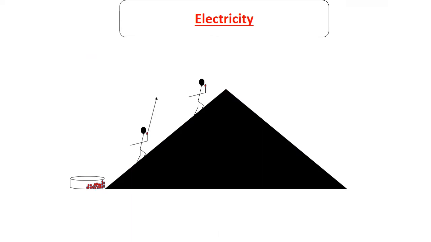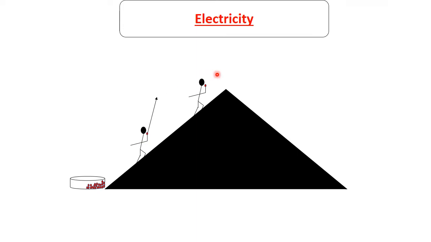There is this picture I drew just to simplify the understanding. Let's say these are mountain climbers. As they are climbing the mountain, they are eating some fruit that is of course giving them the energy to climb up the mountain or the hill.